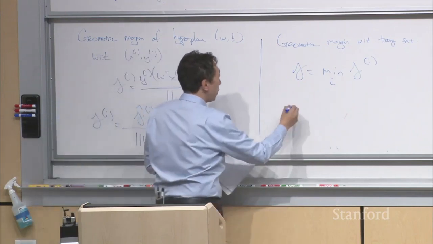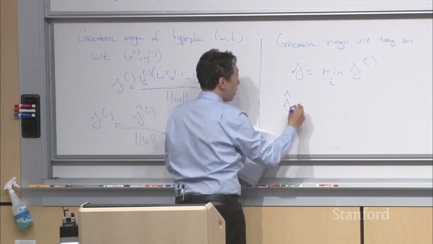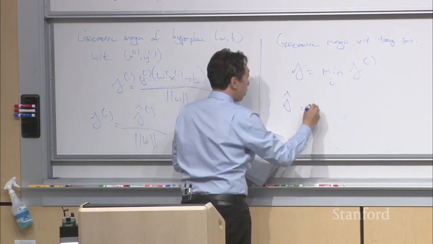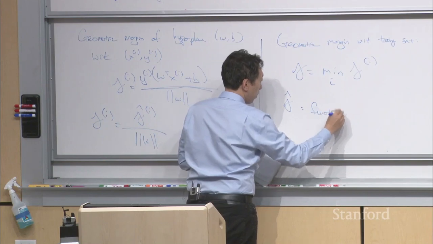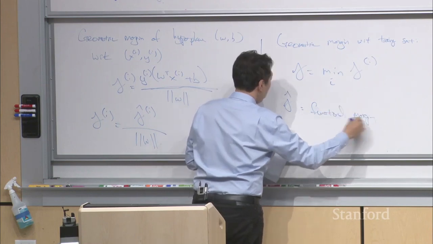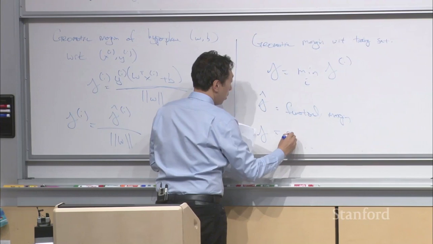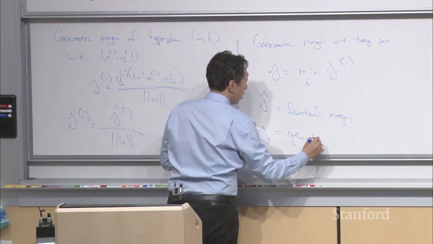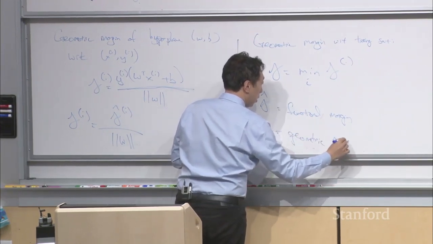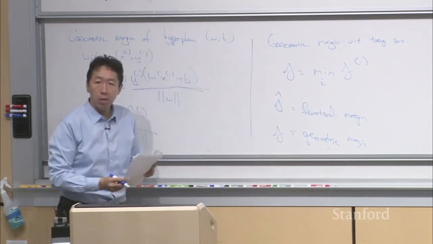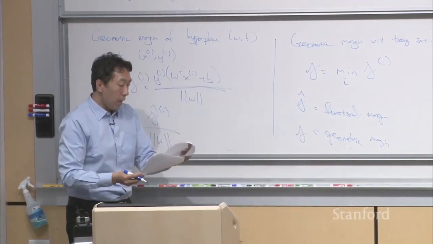Oh, and I hope the notation is clear, right? So gamma hat was the functional margin, and gamma is the geometric margin.